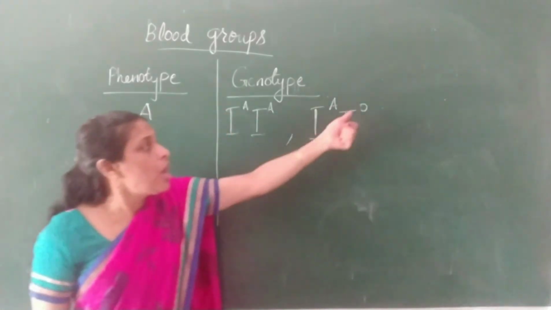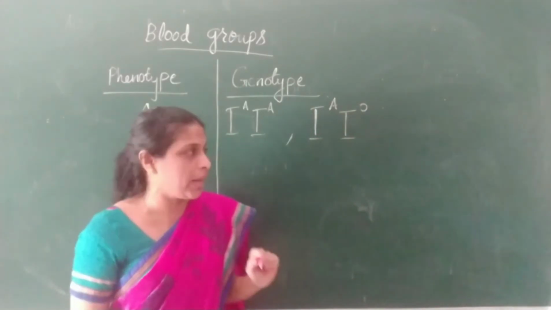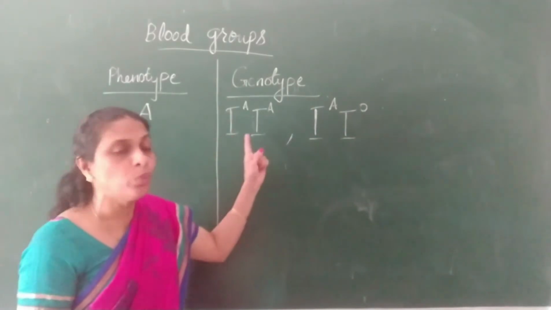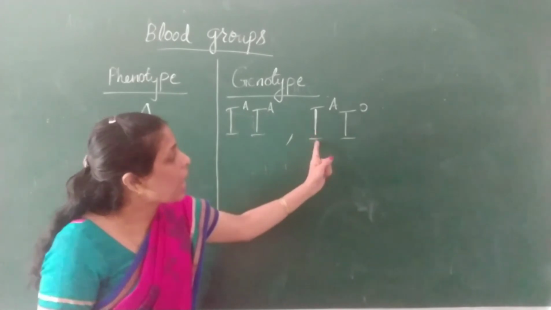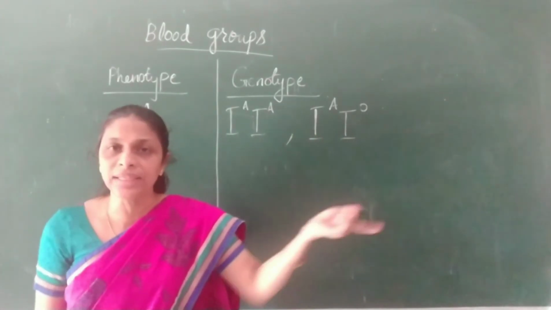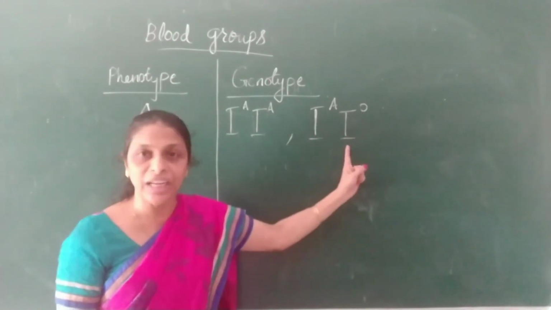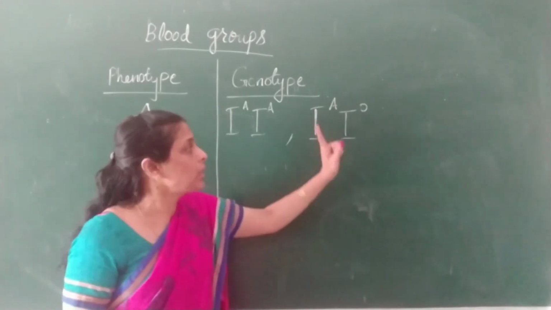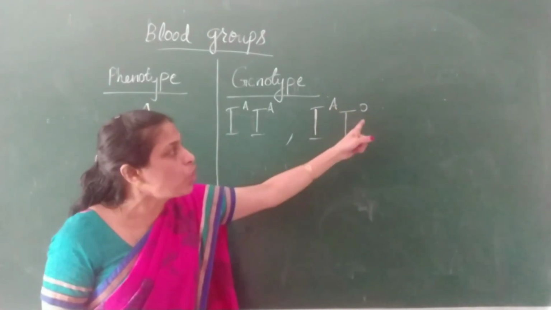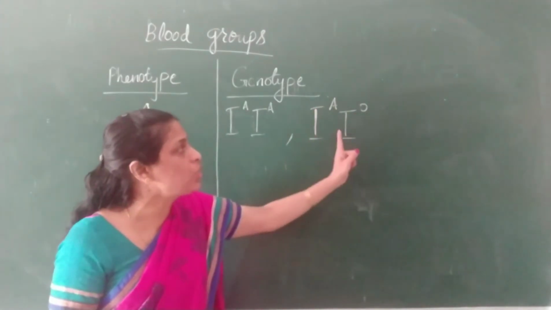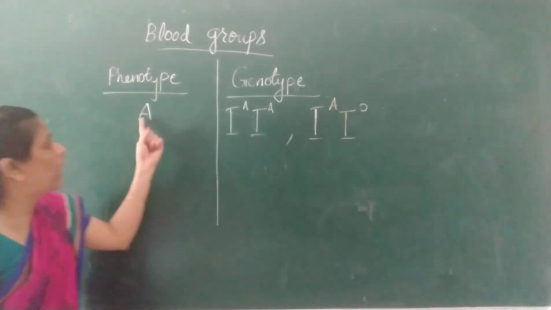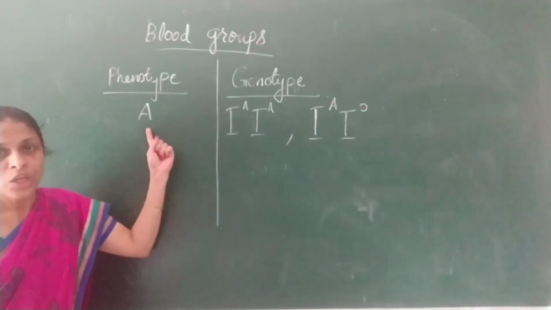You can either use IO or you can use small letter i. So IAIA is a homozygous condition and IAIO is a heterozygous condition. In the heterozygous condition also, since IA is dominant over IO, the blood group will be A. Hope it's clear?